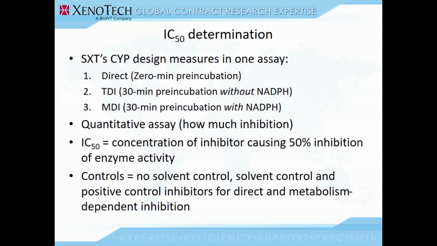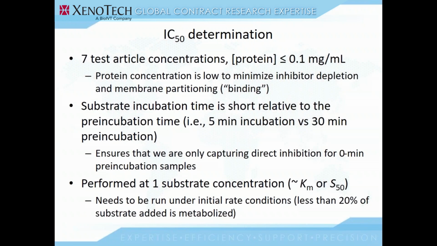Some of the controls suggested by the guidance include the no solvent control, and positive control inhibitors for both direct and metabolism-dependent inhibition. Seven concentrations of test article will be evaluated, and the protein concentration, which is human liver microsomes, will be less than or equal to 0.1 mg per mL.